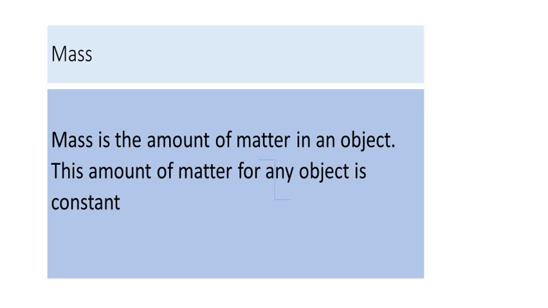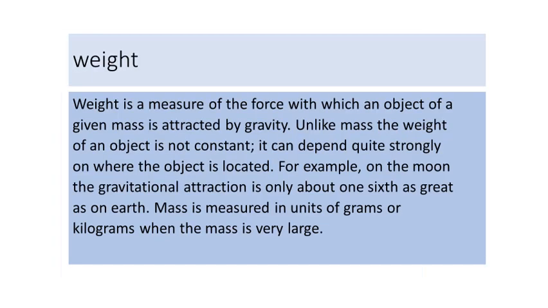Mass. Mass is the amount of matter in an object. This amount of matter for an object is constant. Weight is the measure of the force with which an object of a given mass is attracted by gravity. Unlike mass, the weight of an object is not constant.